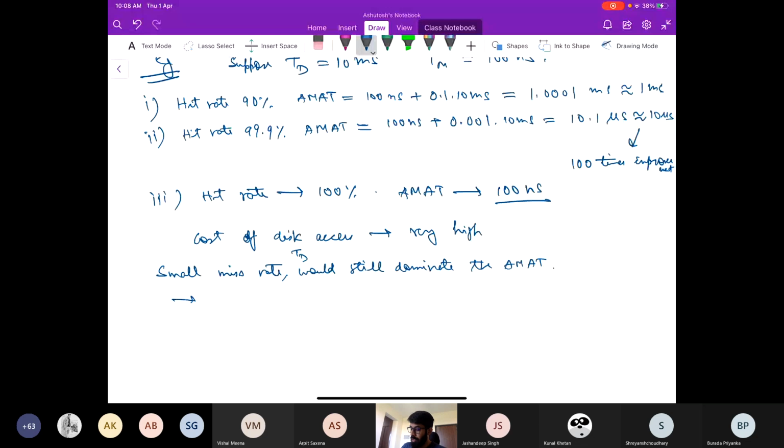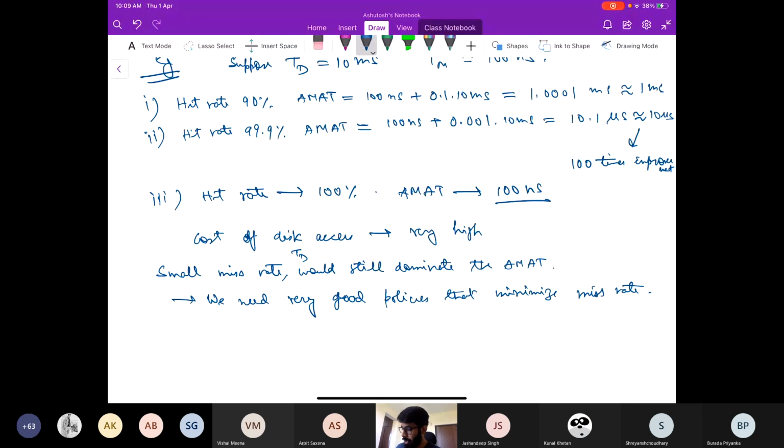So for this reason, we need very good policies that minimize the miss rate. Because as I said, even a small change in the miss rate or hit rate can result in drastic performance improvements. So a lot of studies have been done on how you measure the performance of different policies under different workloads and so on.